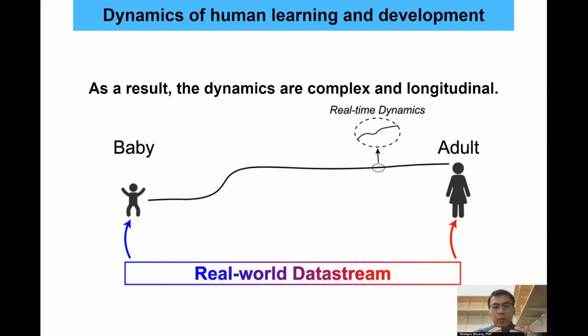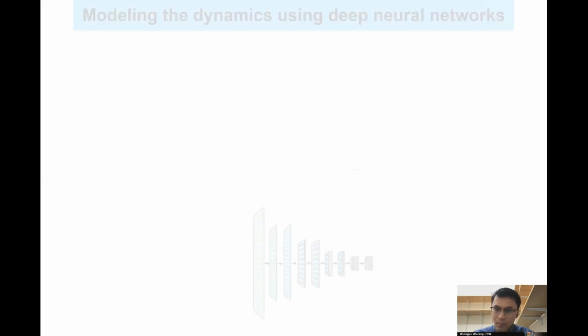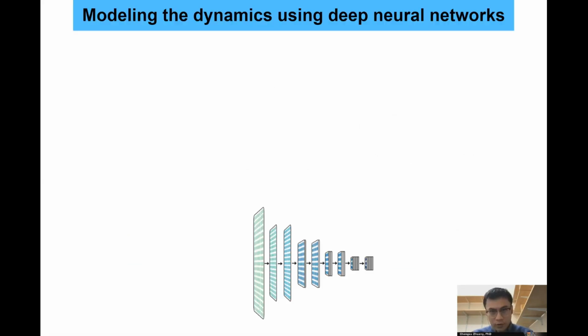In fact, the development on the time scale of years, which is what's plotted right now, should be a result of the development on the time scale of hours, which I will call the real-time dynamics. So how can we model all these different levels of dynamics? What I'm going to show you is that deep neural networks have the potential to model the whole dynamics. Before doing that, let me first give you a brief introduction to these networks.